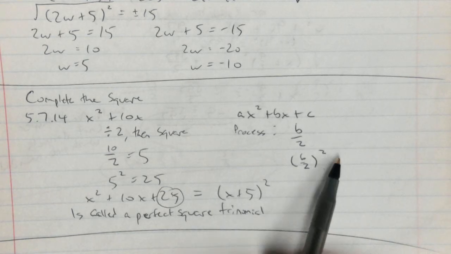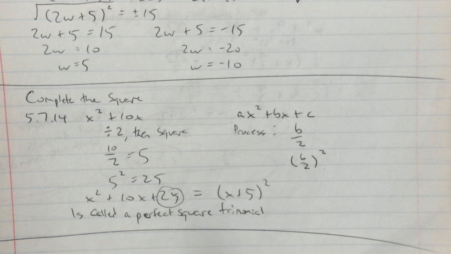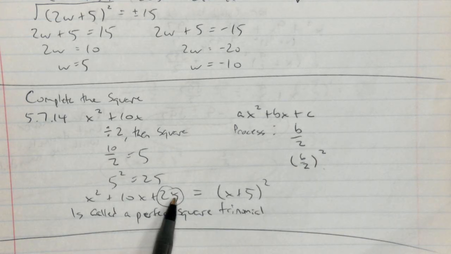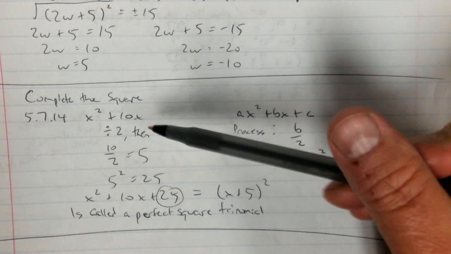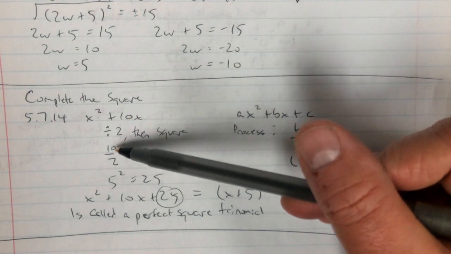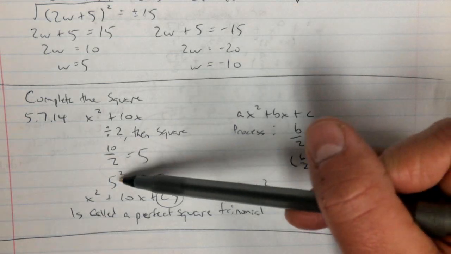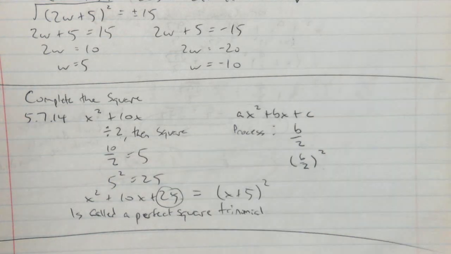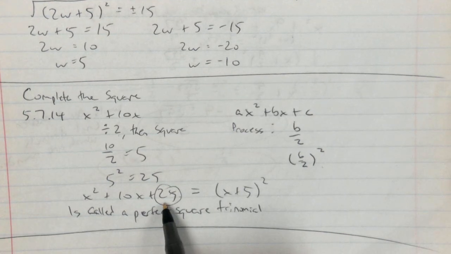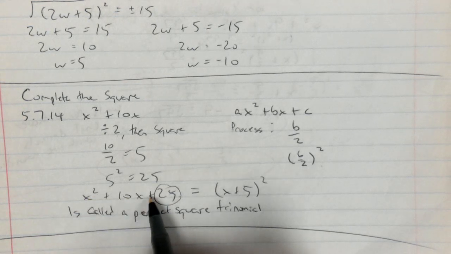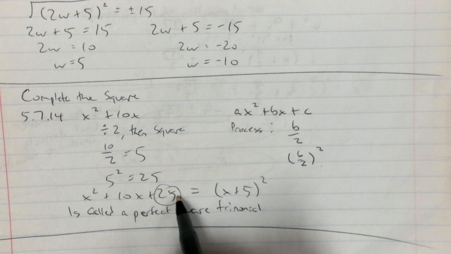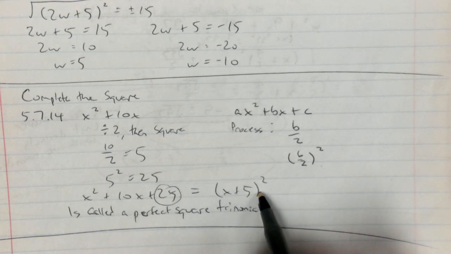On this one, you just have to do part of it because they just want what this number is at the back. So what you do is you divide this by 2. 10 divided by 2 is 5. 5 squared is 25, which is your answer. Now, what that means is that x squared plus 10x plus 25 is equivalent to x plus 5 squared.